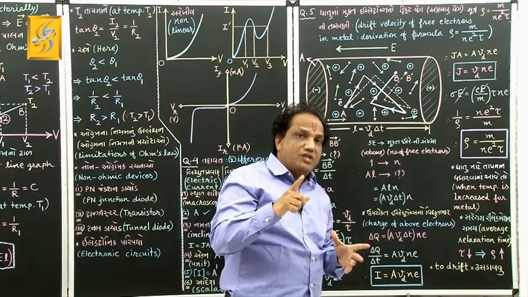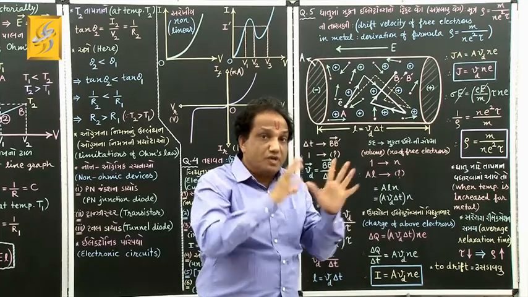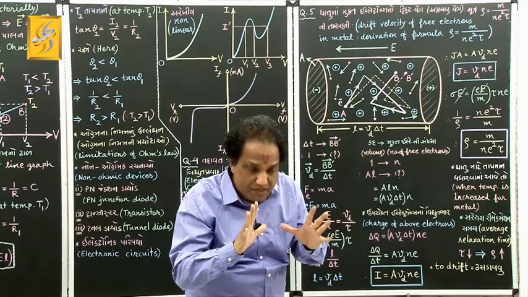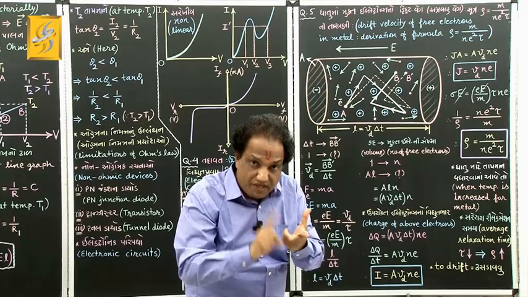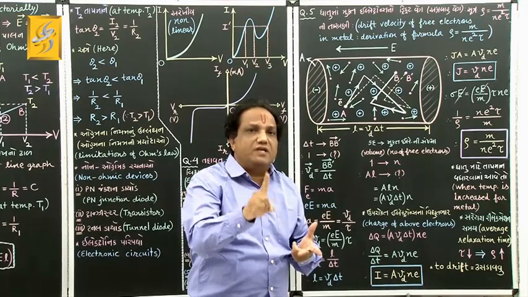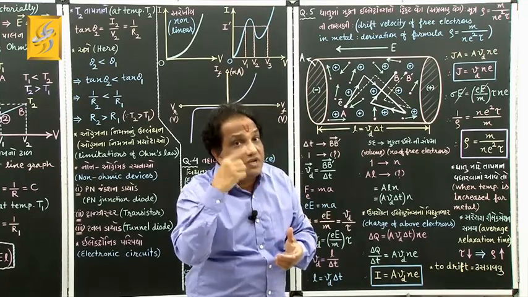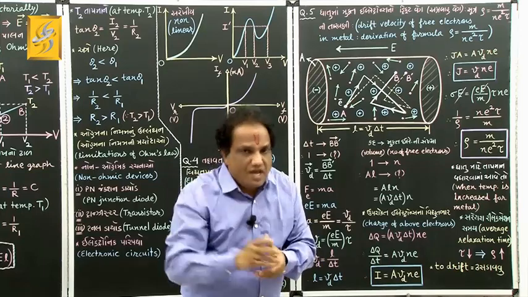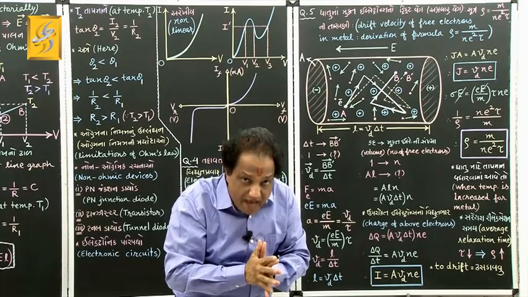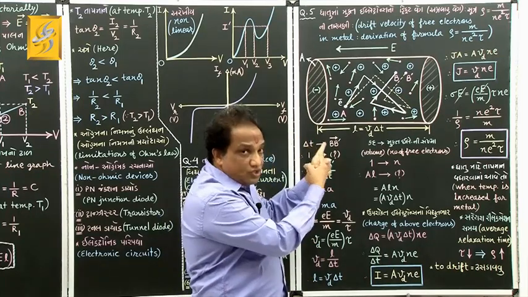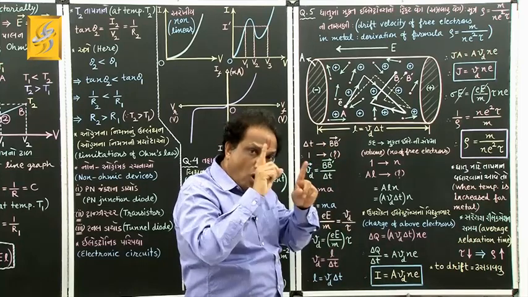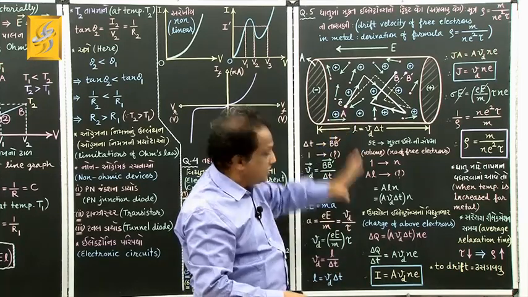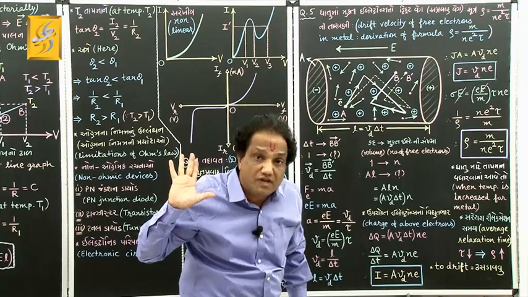You had studied the relation average 1 by 2 mv square equals 3 by 2 kB into T. Remembered? So when temperature is increased, average kinetic energy per electron would also increase in the random motion. And if kinetic energy increases, then the same electrons will make more collisions with the same positive ions in a given time interval, correct?